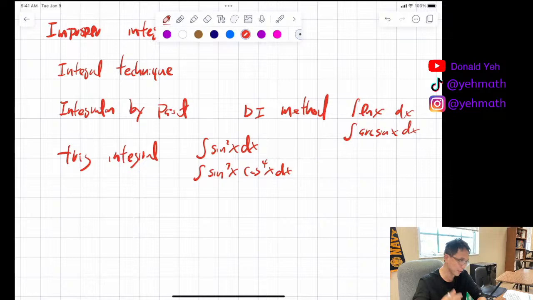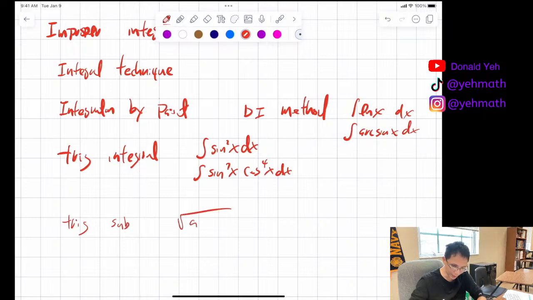So you have some type of trig integral like this, even like power reducing, using the Pythagorean identity, and using different things. And then trig substitution, trig sub.